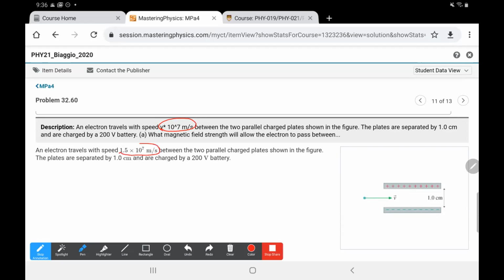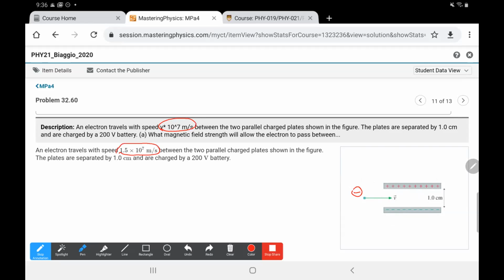And this charge is inside two parallel plates. The two parallel plates have surface charge: on the top, a positive charge; on the bottom, a negative charge. And this moving charge is an electron. Electron is negative. Okay, that's common sense.